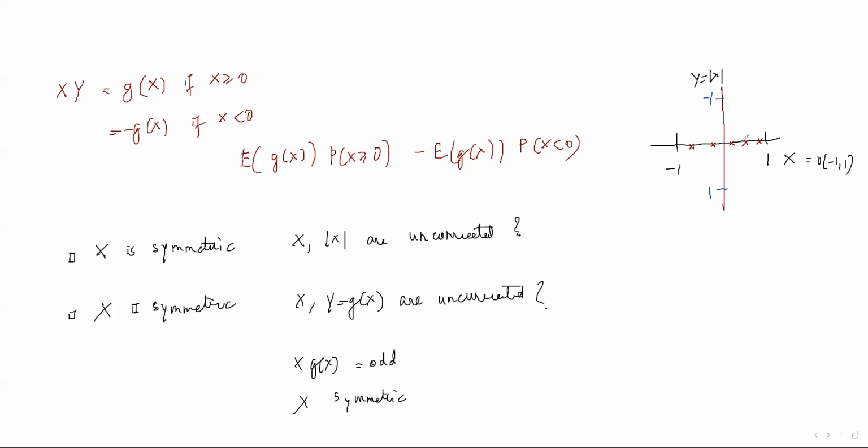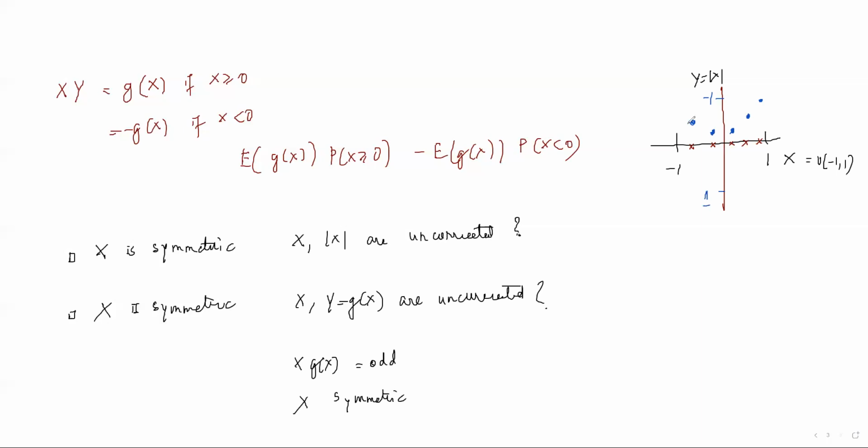You have already simulated from here, so the corresponding mod version will be along this line. The negative part will be along this line, right? Because it's along mod x.